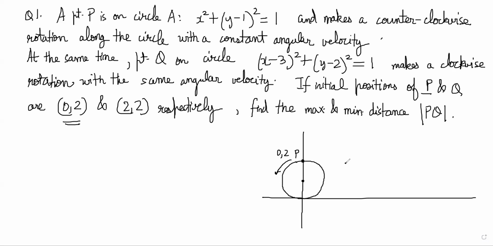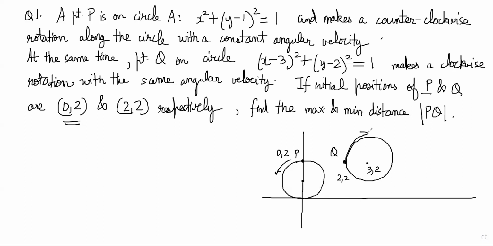So that must be somewhere here. And the second circle center is (3, 2). So (2, 2) is here, (3, 2) will be roughly here, and the second circle is like this. Radius of both the circles is 1. This is (3, 2). This is (2, 2). So this is point Q, right?